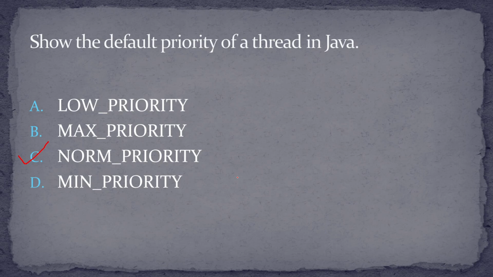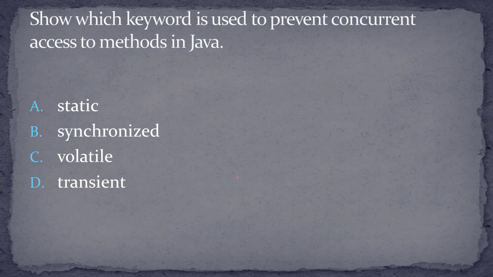So let's move on to our next question, which asks which keyword is used to prevent concurrent access to methods in Java. To prevent concurrent access, we use the synchronized keyword, either at the block level or at the method level.